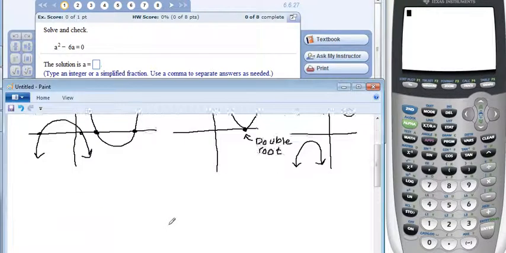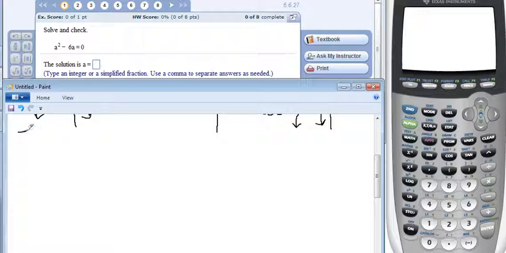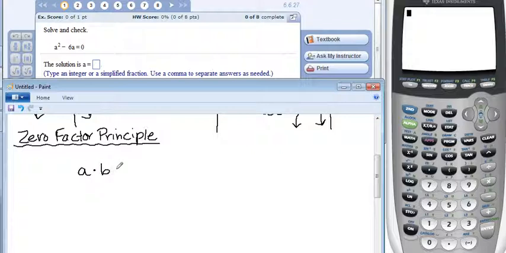So the other thing that I need in here is something called the zero factor principle. It's called all kinds of things, but this is what my math lab sometimes refers to it as. The basic principle says that if two things multiplied, or 3, or 4, or 5, it doesn't really matter, equals 0, then either this has to be 0 or this has to be 0.